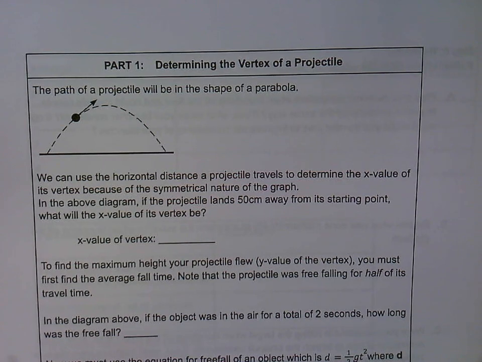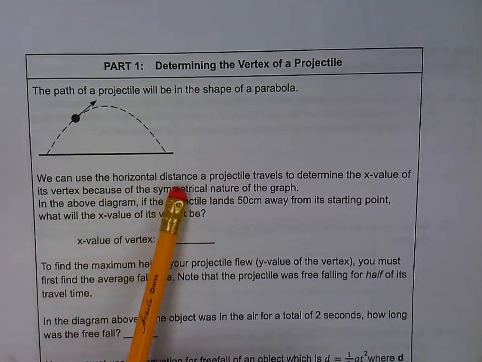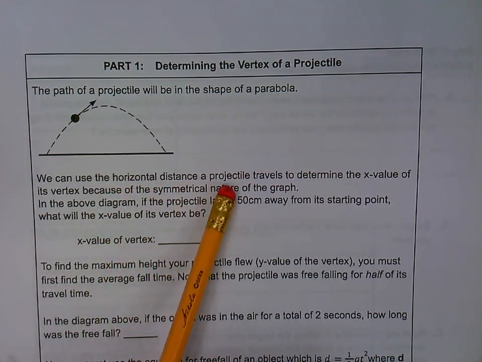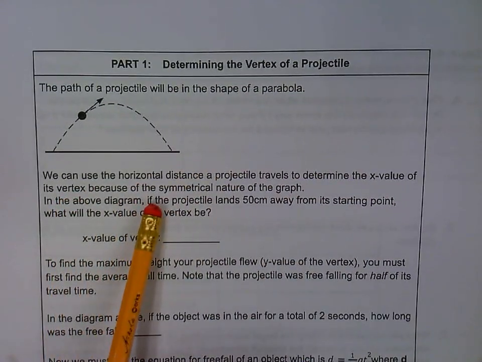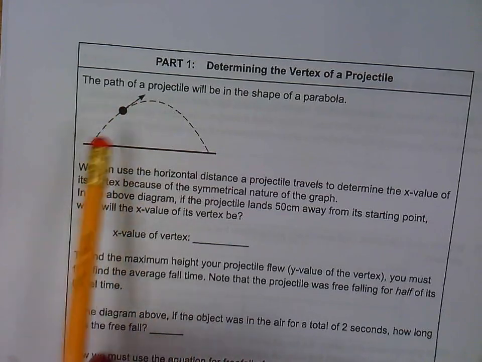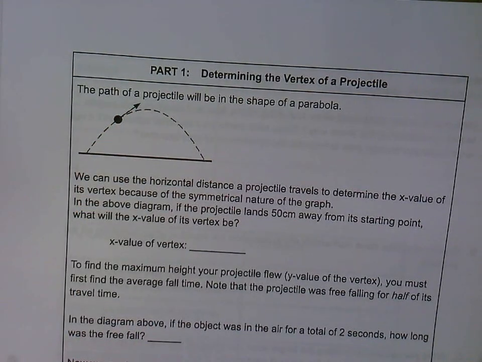So it says we can use the horizontal distance that a projectile travels to determine the x value of the vertex, right? Because it's symmetrical. So if I landed at about 40 centimeters, whatever the average is, where's my vertex? Must be 20, right? Because the vertex will be halfway along that path of the parabola.